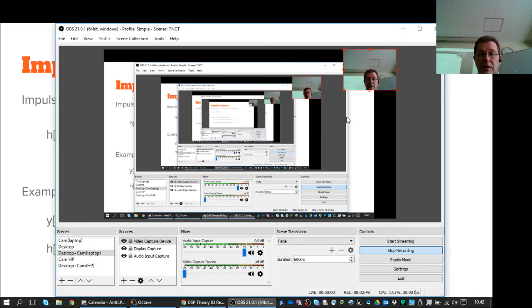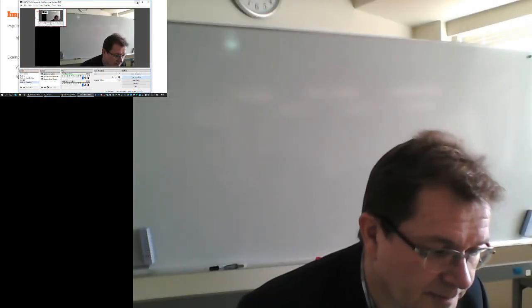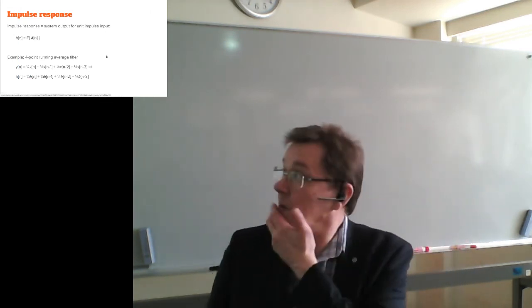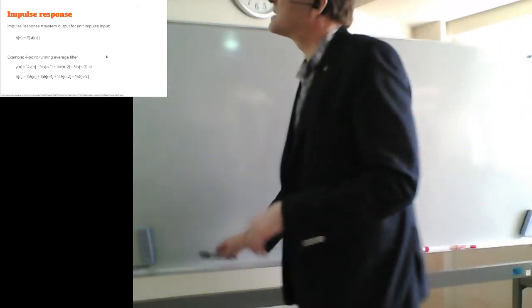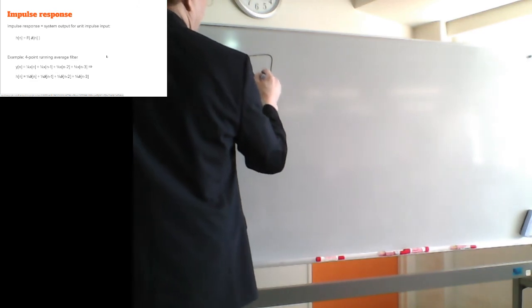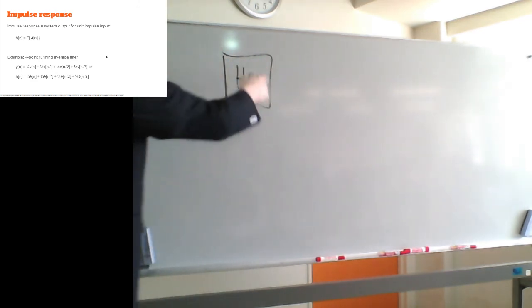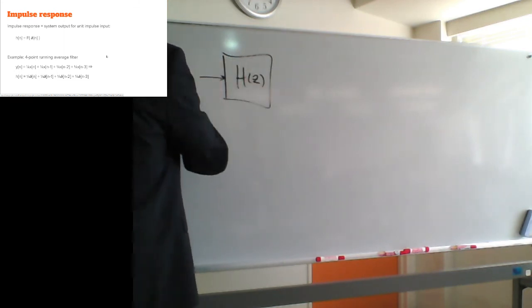And now I would like to use some other view since I want to go to the whiteboard again. So basically, the impulse response is simply when we have the system F, or we can mark it with the transfer function, and this is just mathematical marking.